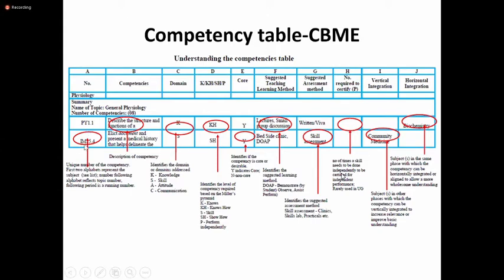IM is another short form, for the subject internal medicine. Next is 1.1, the competency number. PY 1.1 means competency 1.1 in physiology. What is that competency? Describe the structure and functions of a cell. This is a competency you have to attain at the end of this teaching hour.